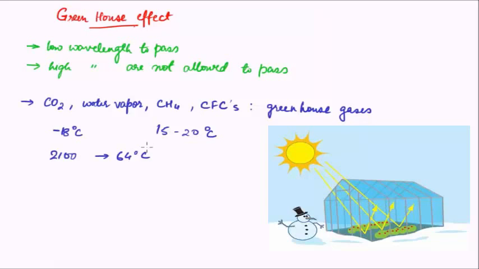Now this phenomena of heating up of the planet, which we have been noticing for many years now, we have scientific data supporting the fact that the average temperature of Earth is increasing, is called as global warming.